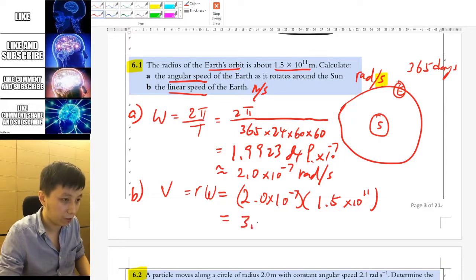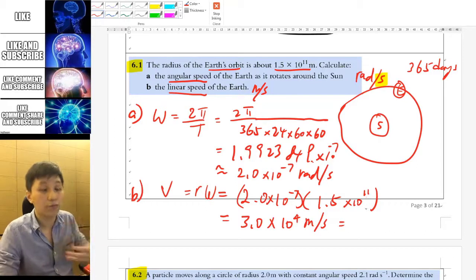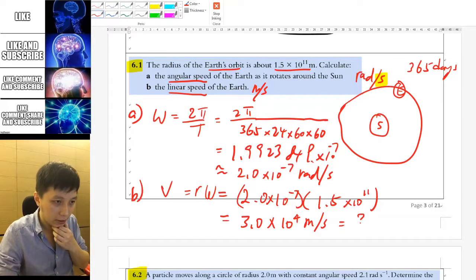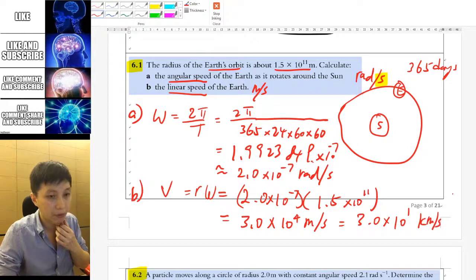So let's take it as 3.0 times 10 to the power of 4, and this is in meter per second. In fact, if you try to make sense of this, maybe we can change it to 3.0 times 10 to the power of 1 km per second.